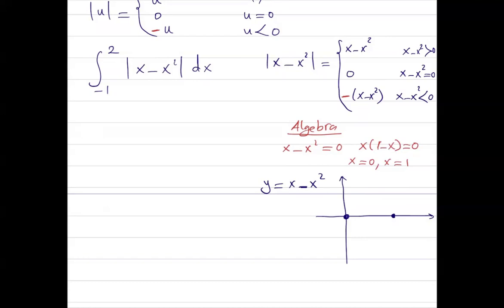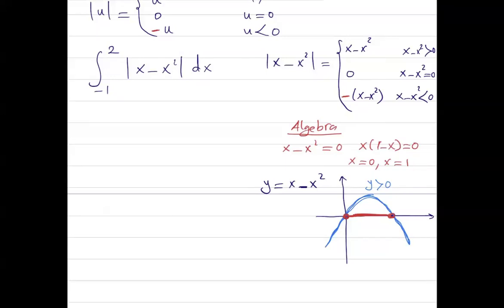And this is the behavior of your graph. So your y is positive up here, right? Between 0 and 1, your y, or x minus x squared, is positive.